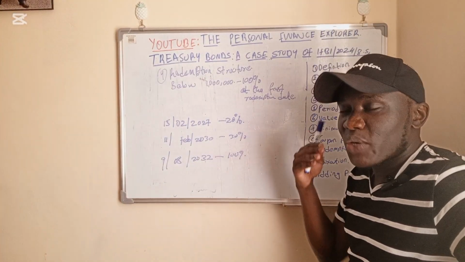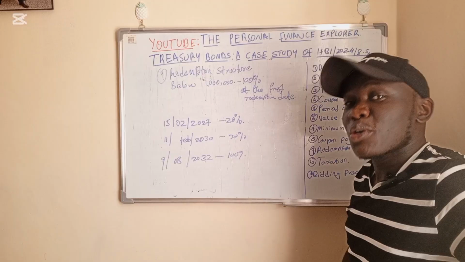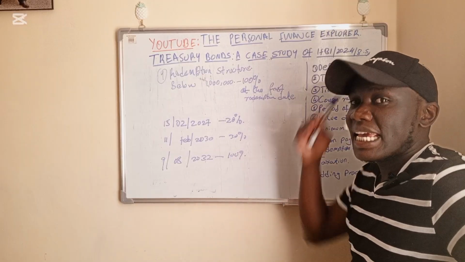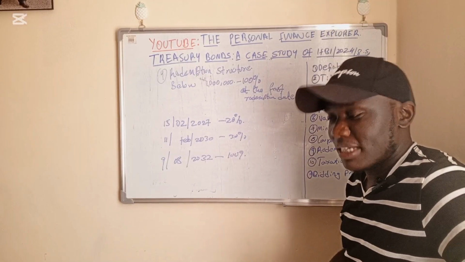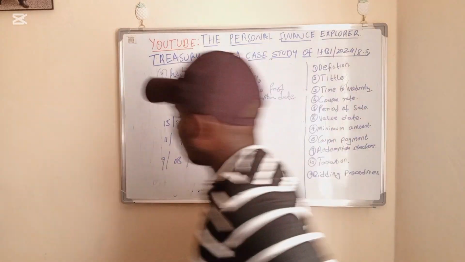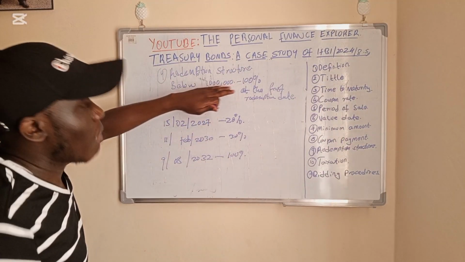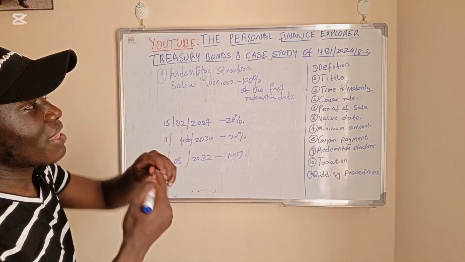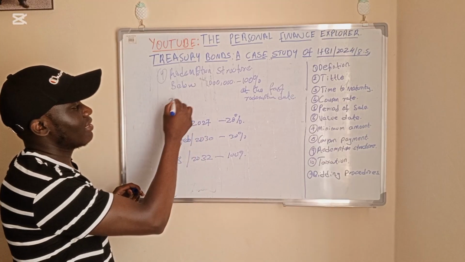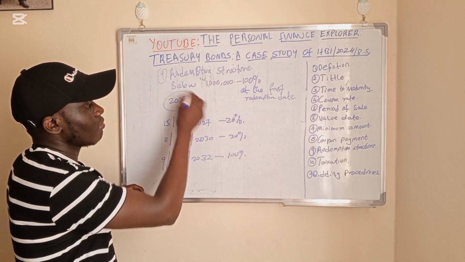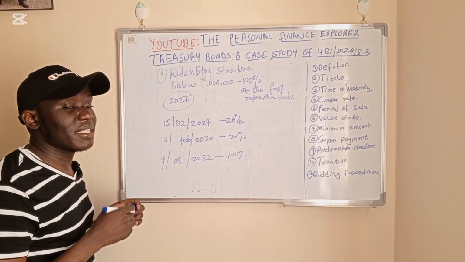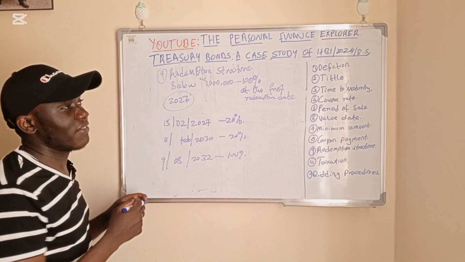Meaning you have been given back your principal, and so you stop receiving interest. I hope it is clear. So for someone who had invested amounts below 1 million, they'll get all their money back in 2027, and so they'll stop receiving interest from 2027.